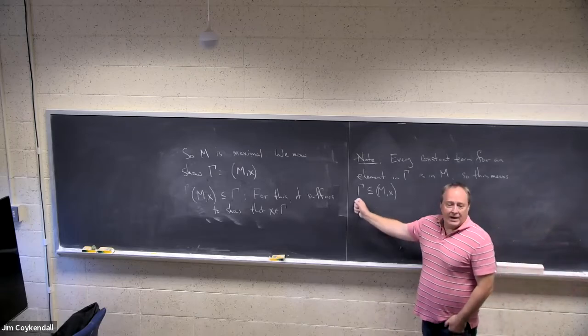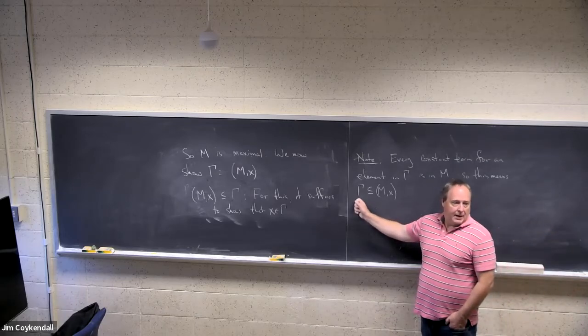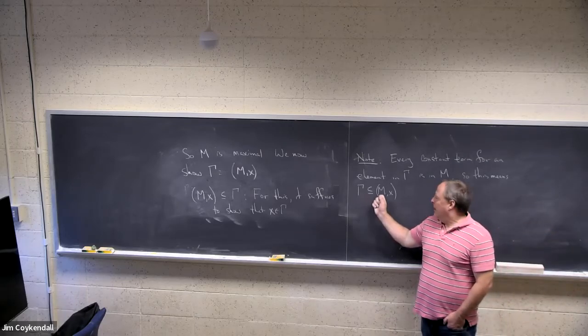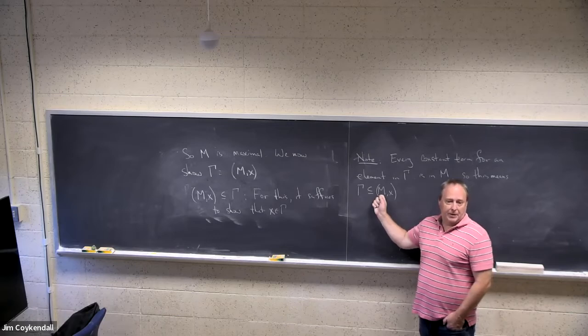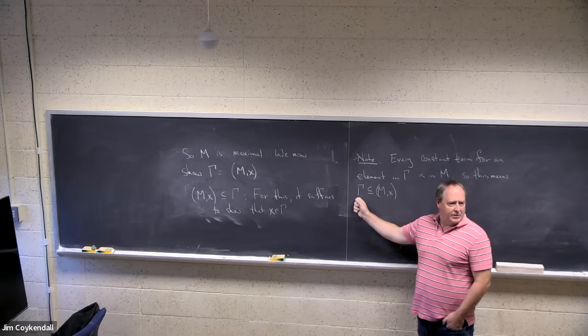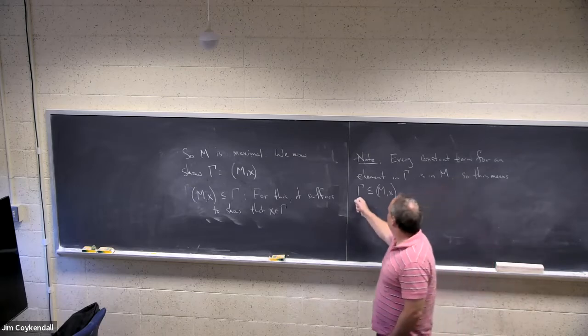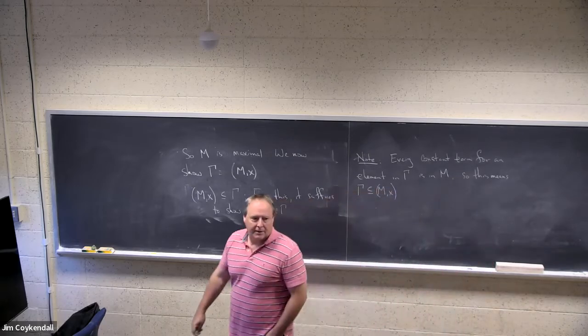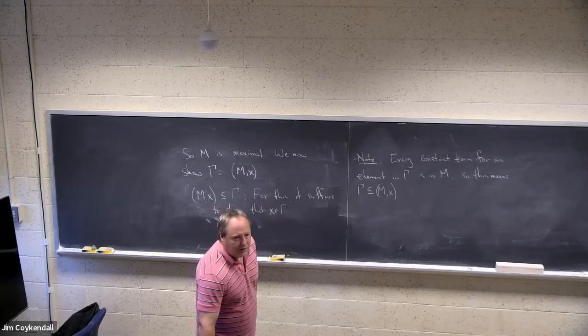Because everything in gamma has constant term in M. This is everything that has constant term in M with complete freedom, right? It can be anything after. There may be some restrictions, right? And so we've got this automatically, and we finish it by the fact that gamma is assumed to be maximal.